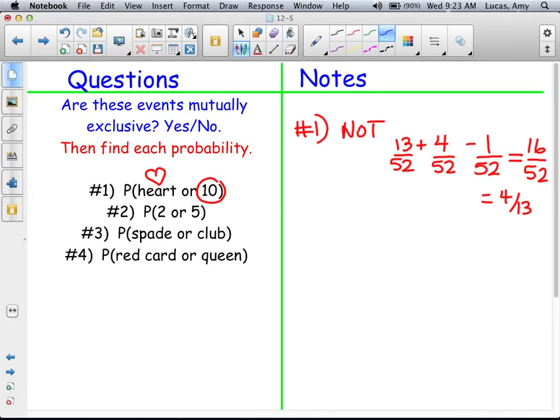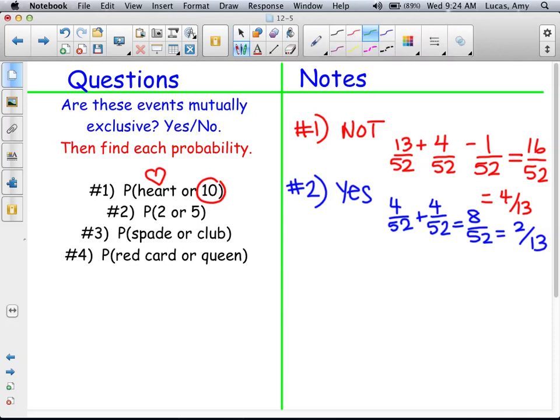Next one, a 2 or a 5. Those are mutually exclusive. There aren't any cards that are 2s and 5s at the same time. So there's 4 2s plus there's 4 5s. So 8 52nds. If we add together their probabilities, we get 2/13.